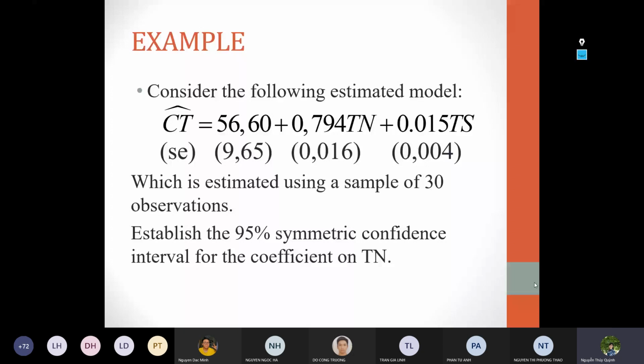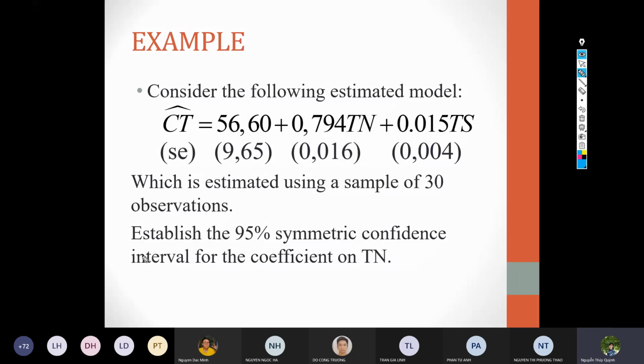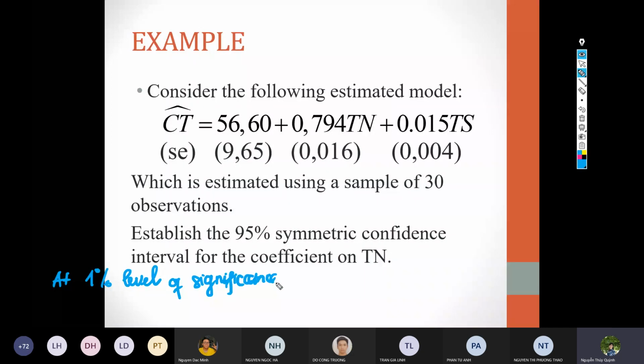My question here is, at 1% level of significance, does TS have a positive effect on the dependent variable CT?